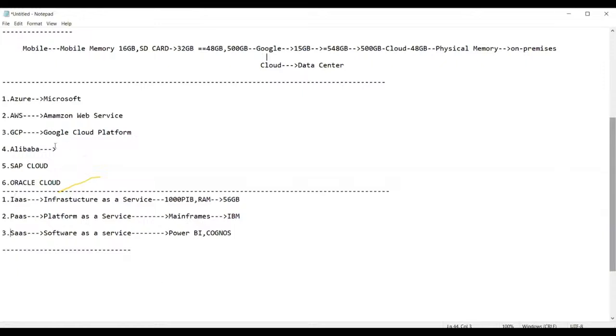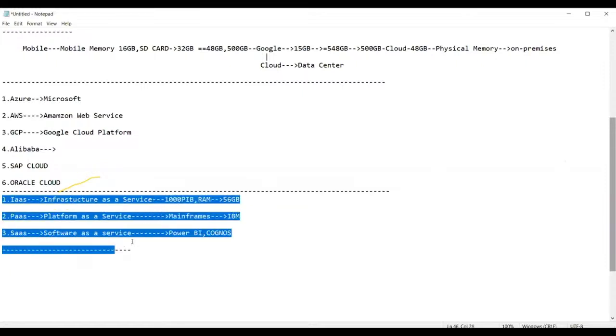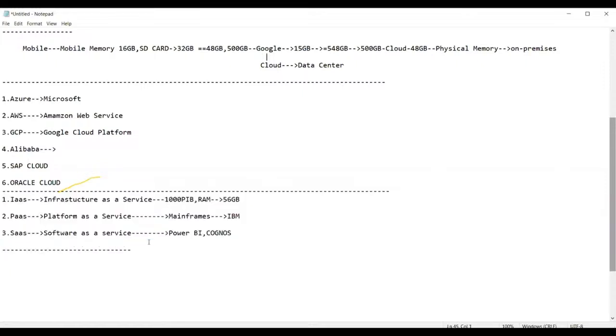So these are the three categories of services we have. The cloud providers have divided their service based on these three categories, and based on these three categories only they are going to bill you. It is as simple as this, guys. You have the OTT platforms, Amazon Prime, Netflix, etc. You enter your mobile number and a password.